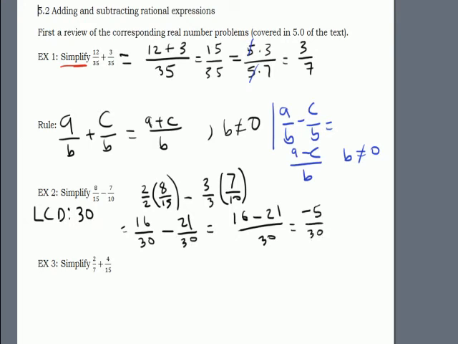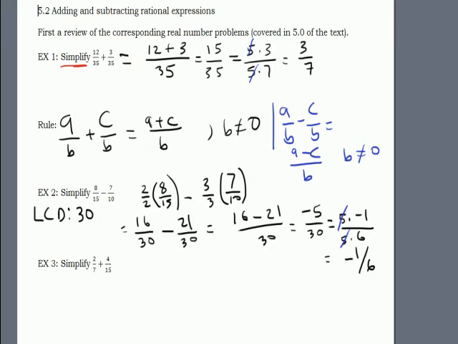It'd be great if I could stop there, but again, we have a factor in common between the 5 and the 30. So I can rewrite this as 5 times negative 1 over 5 times 6. The 5s cancel out, and I'll be left with negative 1/6. Alright, so that's an idea we're going to be using later.